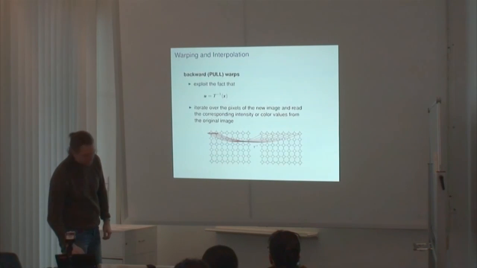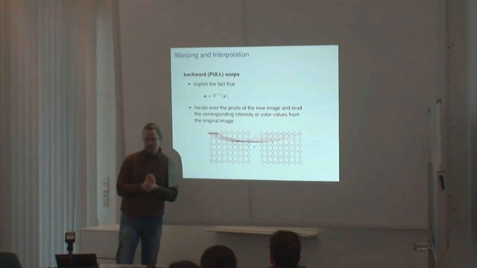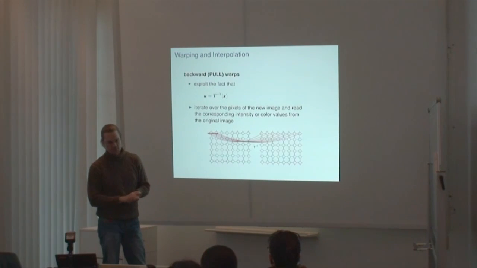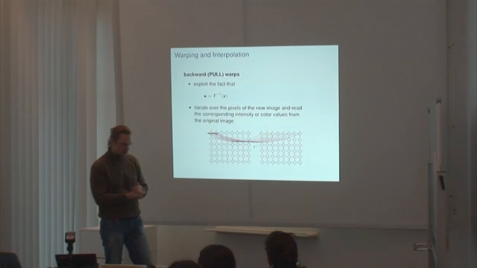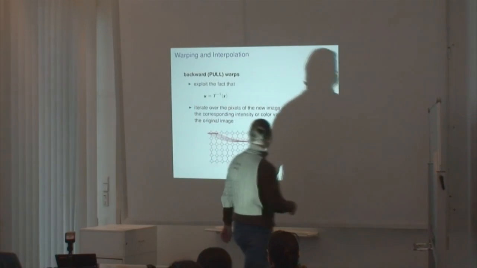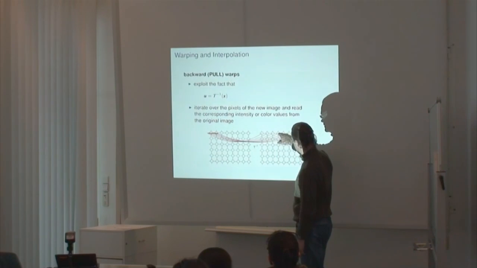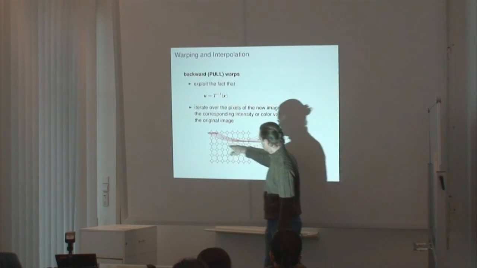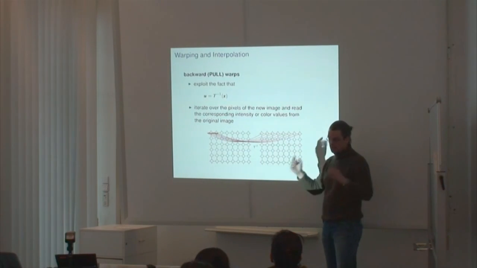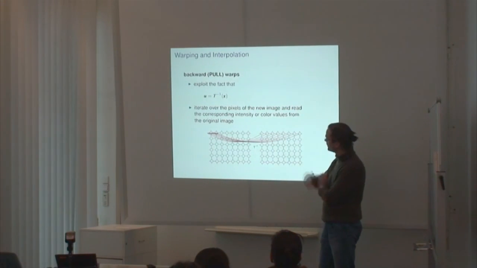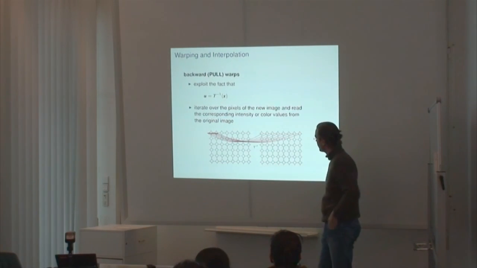There is another technical difficulty we would have to address once we agree that this is a good idea. Because even though for certain pixels, say this one, if I were to backtrace this arrow, I would end up here, we are guaranteed, maybe, depending on t, to find a corresponding pixel in the original image.